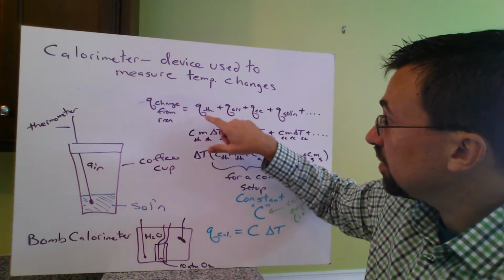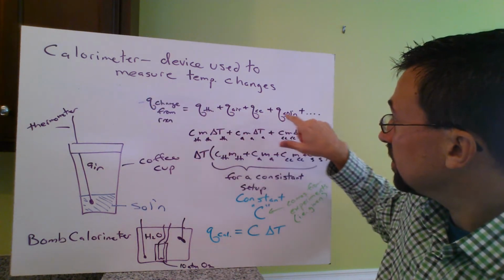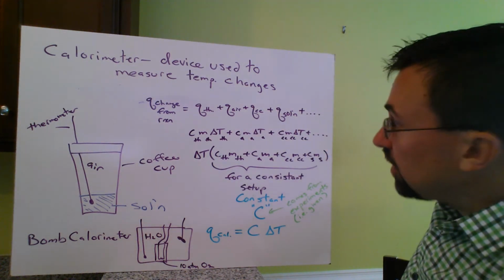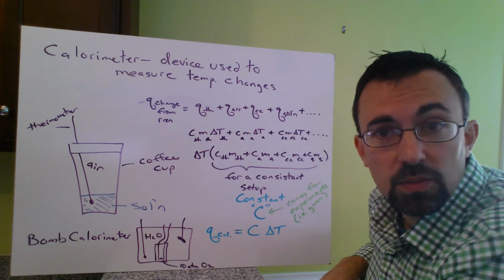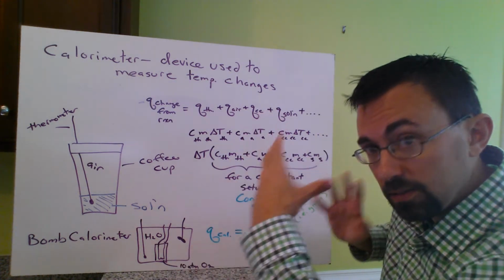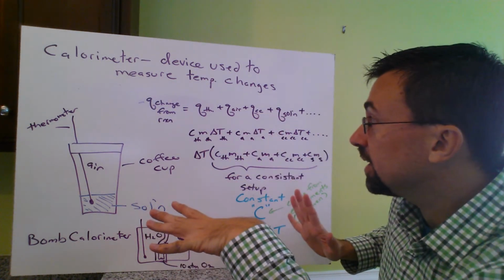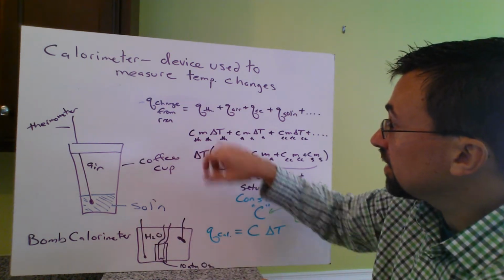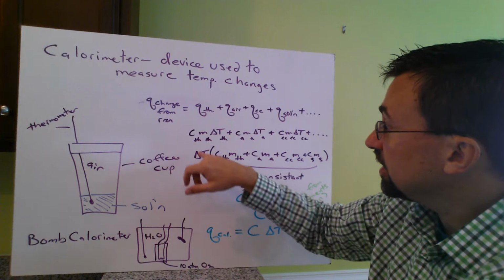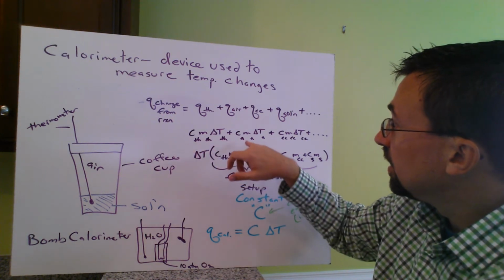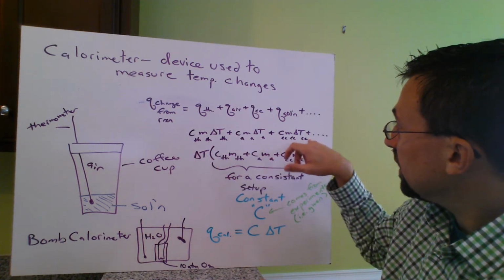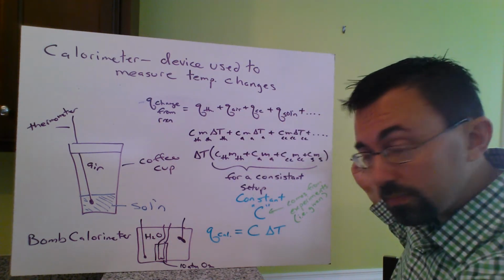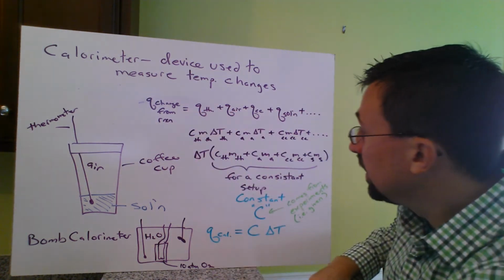For the calorimeter, it's made up of the thermometer, the air, the coffee cup, the solution, my hand, the table, etc. You can break them down more if you would like, but all of those things are made of consistent chemicals that we could call substances that have an individual Cm delta T. So there's a Cm delta T associated with the thermometer, the air, the coffee cup, the solution, the hand, etc. You get the idea. I just want to lay out the principle here.